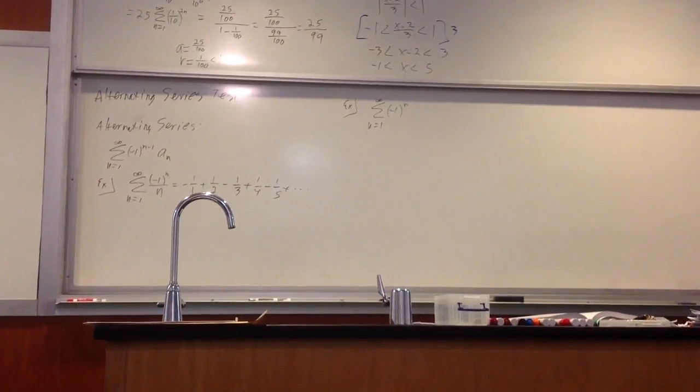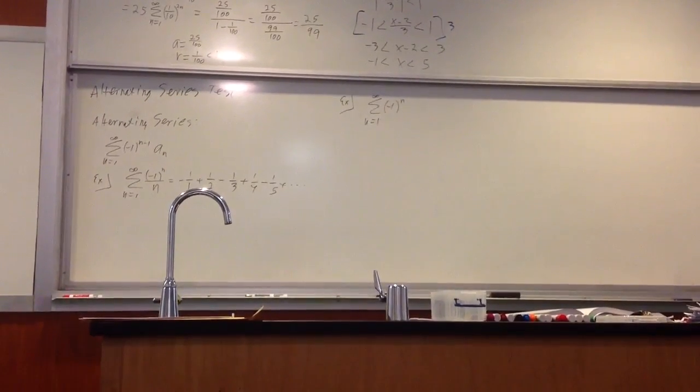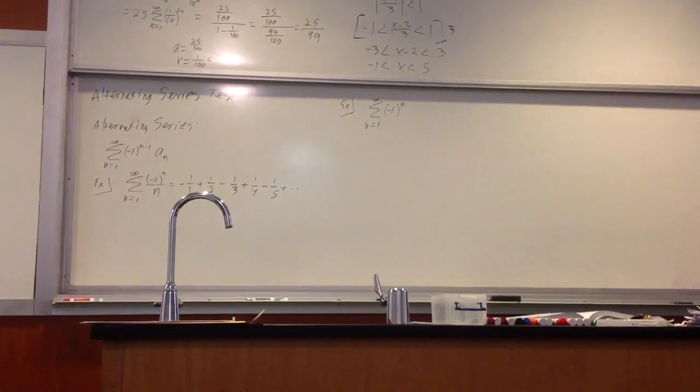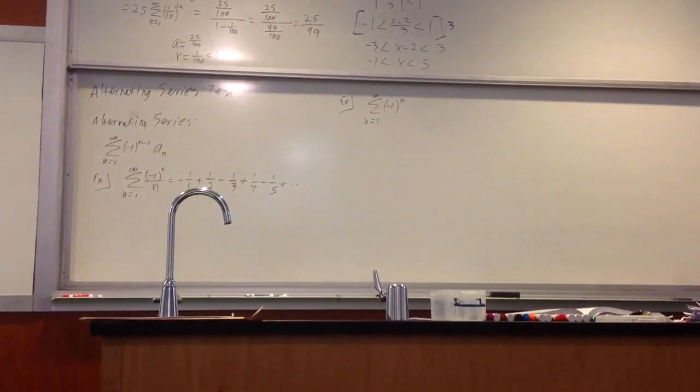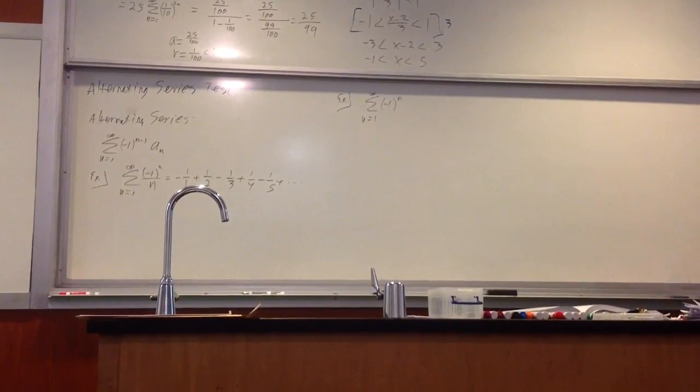So I want you to take a minute, before I even give you the alternating series test, I want you to try to run one of those 7 tests to see if this series is convergent or divergent. Do the telescope.